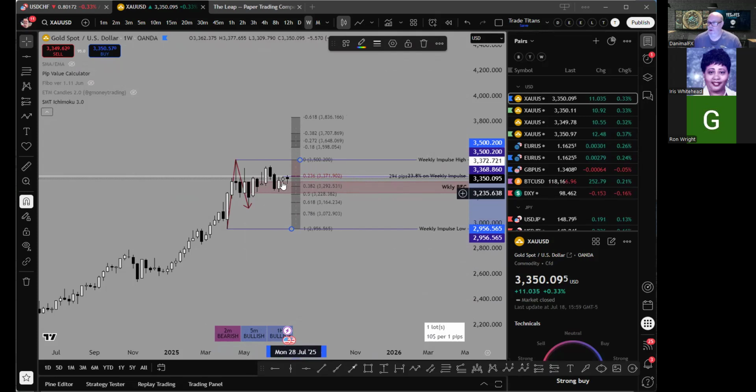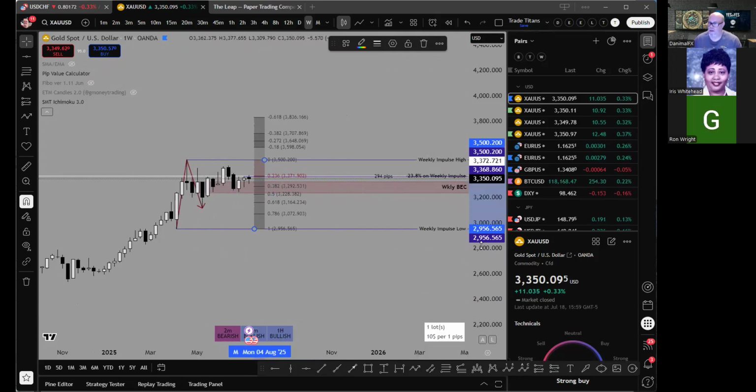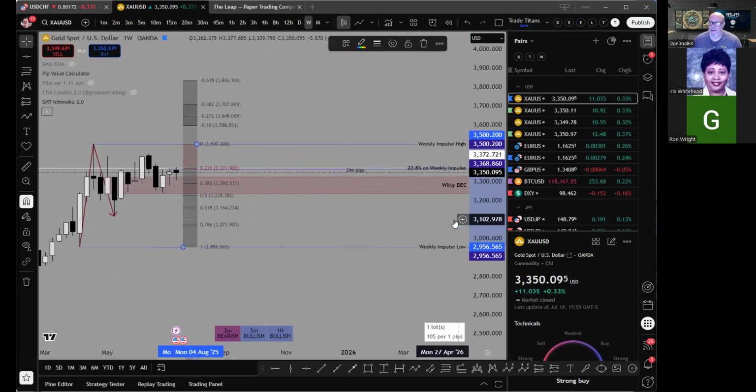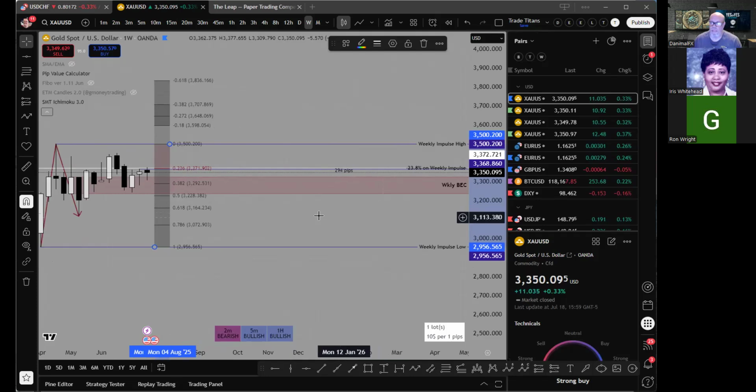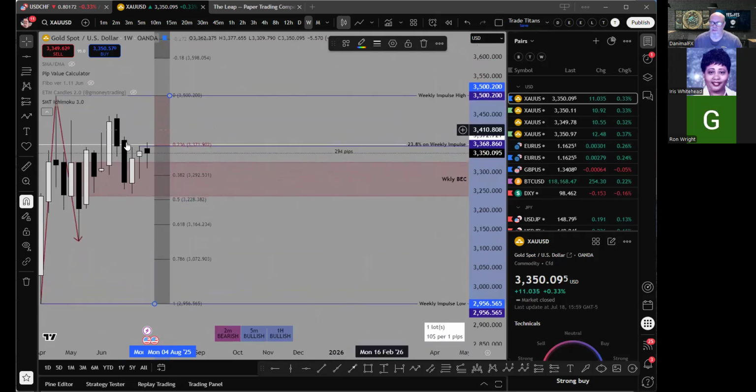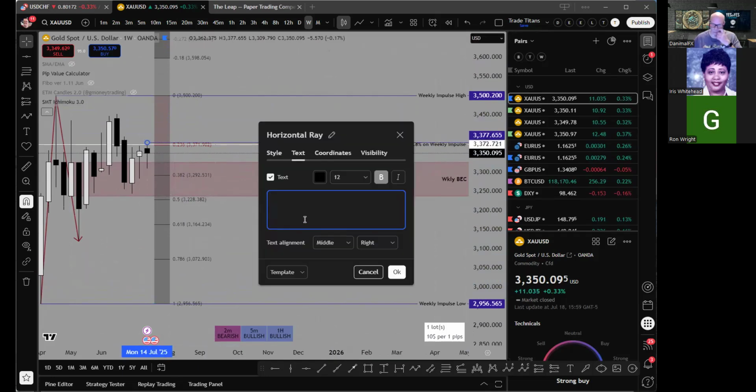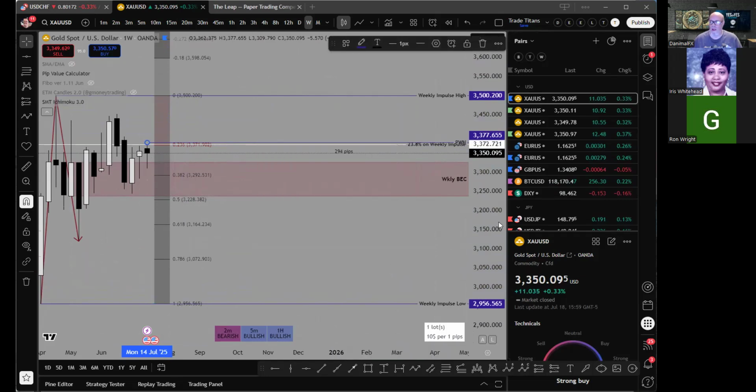And I believe so, because if we take our weekly candlestick, the high of that previous weekly candlestick is right at the 236. 236, yeah. Just above. This will be our previous weekly high. This is a previous weekly high.